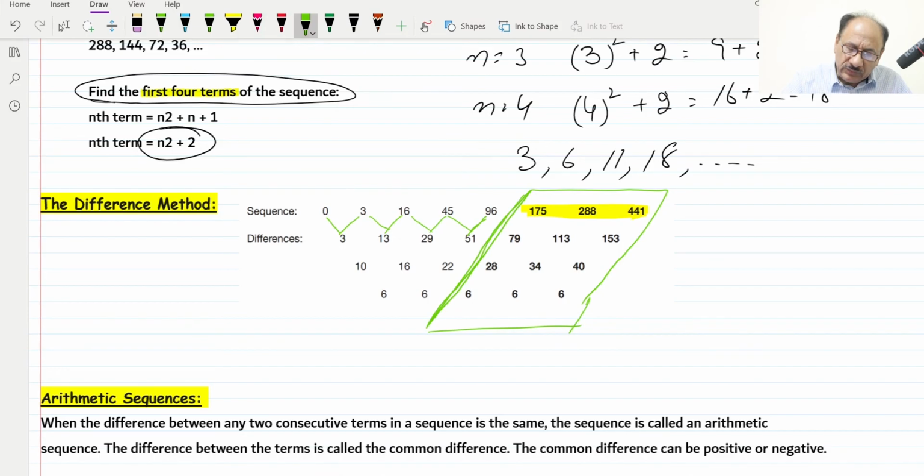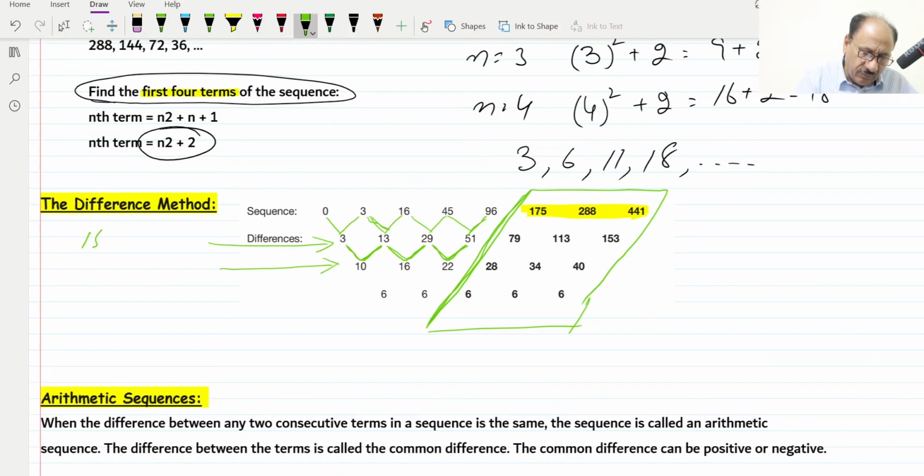So what we have done, we have subtracted and found the first order difference. This difference is known as first order difference. Now the first order difference is not the same, we can go to the second order difference. So we will find this one, 13 minus 3 is 10. Similarly 29 minus 13 will be 16, and 51 minus 29 will be 22, and this is known as second order difference.